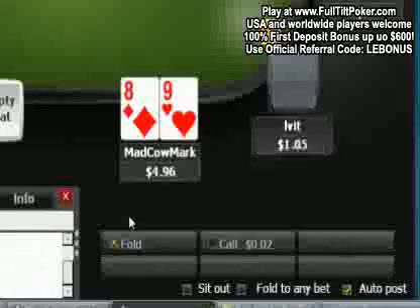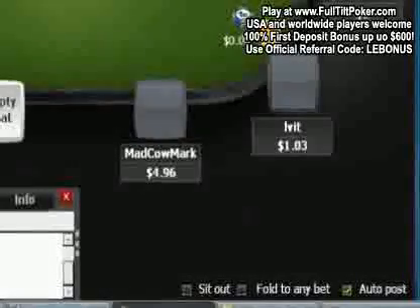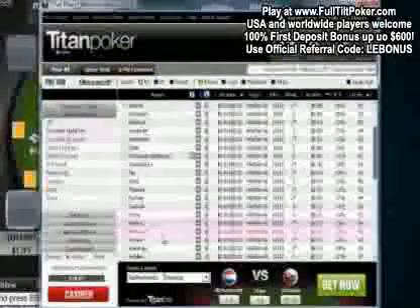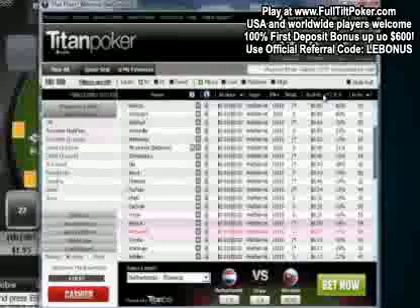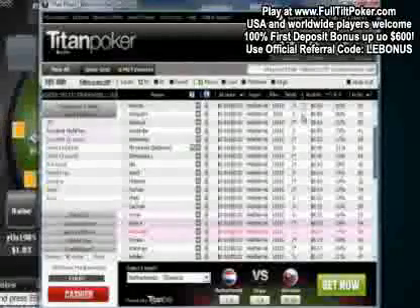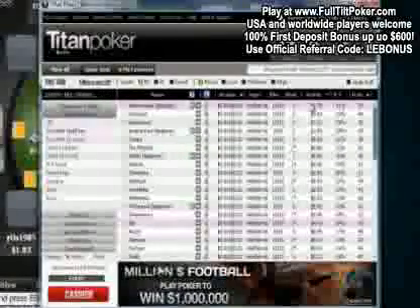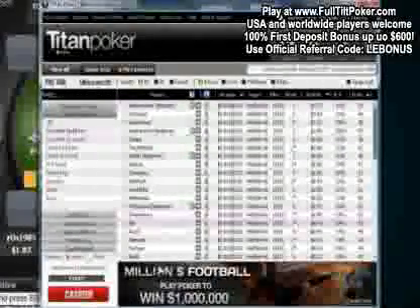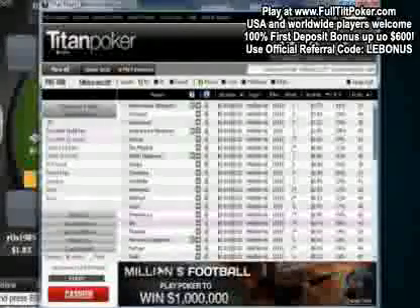Table selection wise as well, if I bring up the lobby, I'll just show you now. You can select your levels, you can select your rank, how you rate things. I personally usually rate them by average pot, because I have a fairly aggressive style of play.